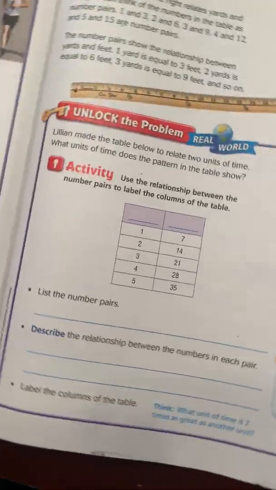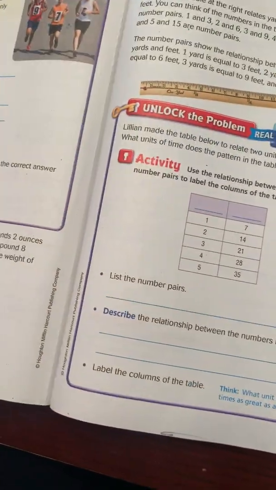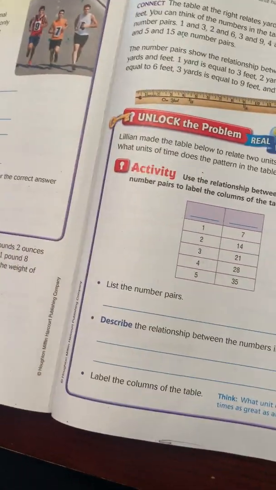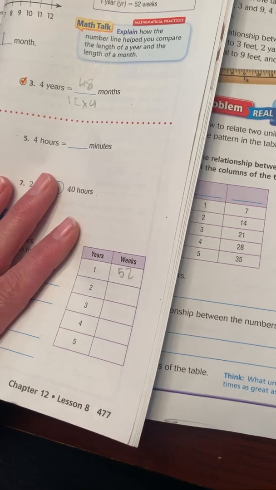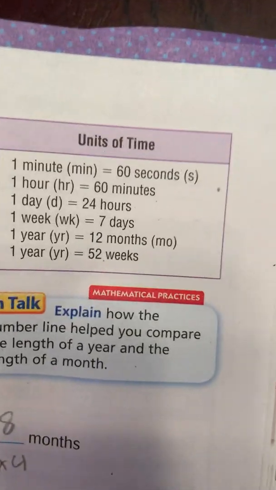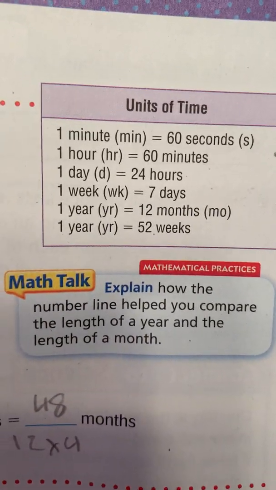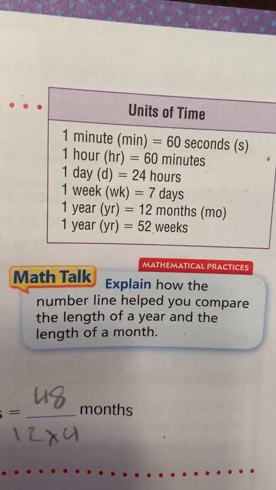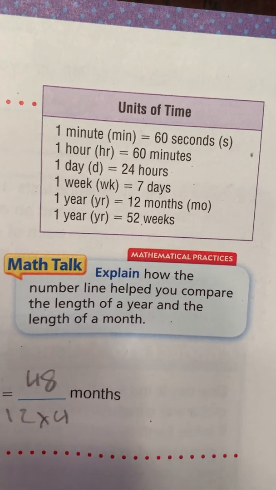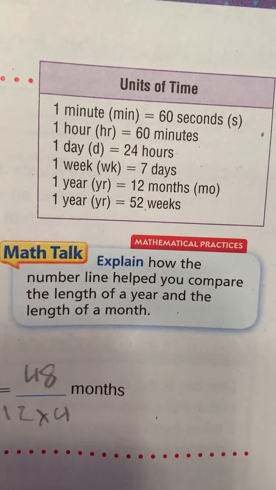But you'll want to think about what you know, and then you also maybe want to go back in the book and figure out where you have seen that relationship before. And you may even go here and see if there is anything that is 1 and then equaling 7 something. And I see it on this one, so that's a good place for you to start. But let's go back up.